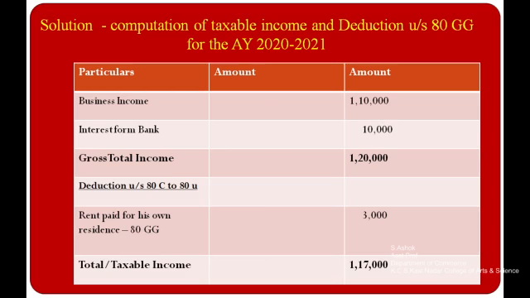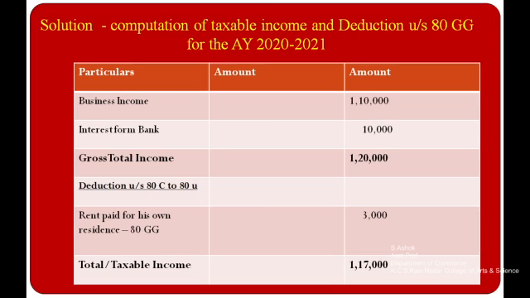Business income rupees 1,10,000, then interest from bank 10,000. So in the sum only two heads of income are given: one is income from business or profession, another is income from other sources. It is a small sum, taken to understand the deduction under section 80GG. The gross total income from the two heads is rupees 1,20,000.